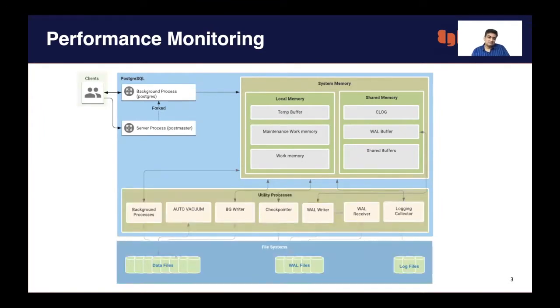Then comes the disk, where it interacts with the file system. There are typically three types of data. One is the data file, where all your data is stored, which acts as storage, and then come the WAL files, and then the log files.